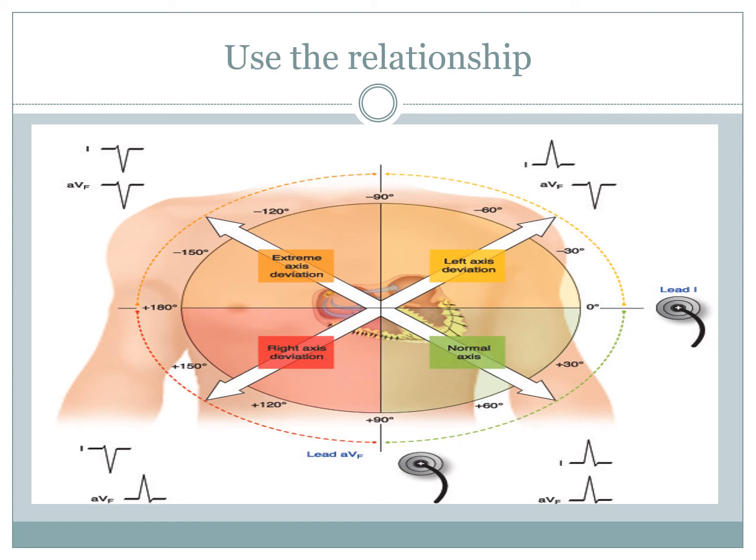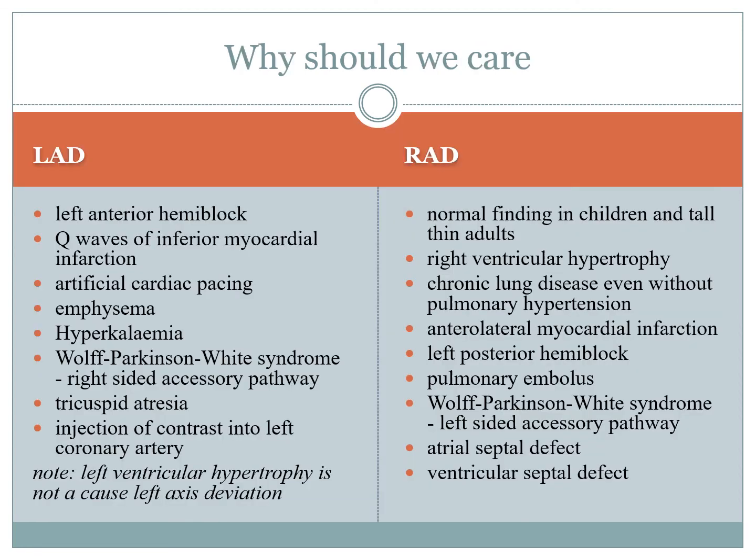Now the reason we should do it and the reason we should know it is because left and right axis deviation actually means something. It's not just, oh yeah, look, your heart's traveling a slightly different way. It's generally because of some form of pathophysiological structures or changes in biochemistry that cause these deviations to occur.